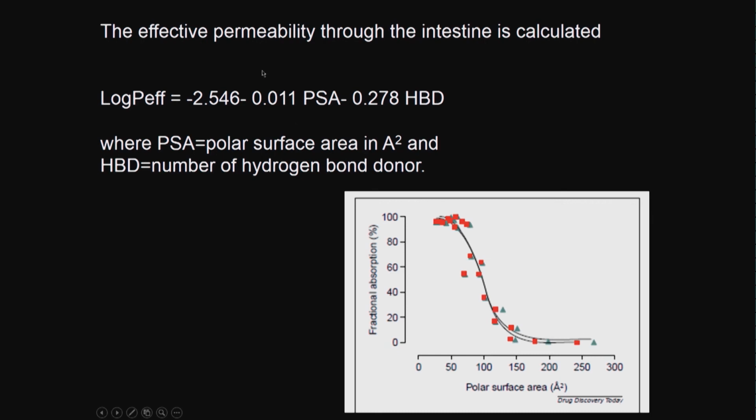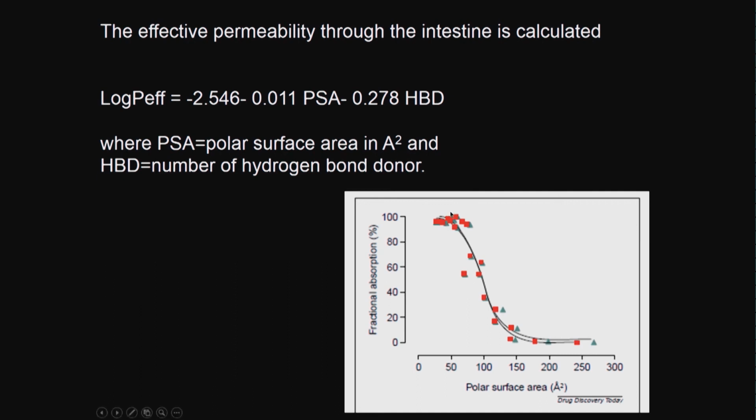And the effective permeability through the intestine is calculated from this equation: log P effective, PSA is polar surface area, HBD is hydrogen bond donors. Hydrogen bond donors means OH or NH. So this figure was taken from this reference, as you can see, okay, as the polar surface area is low, that means it is lipophilic.